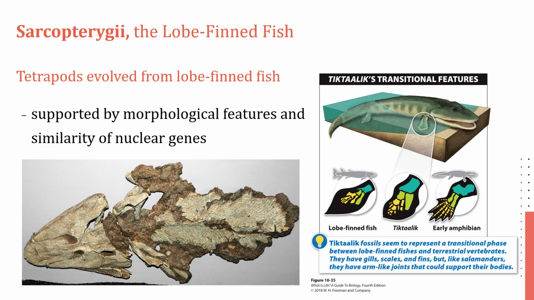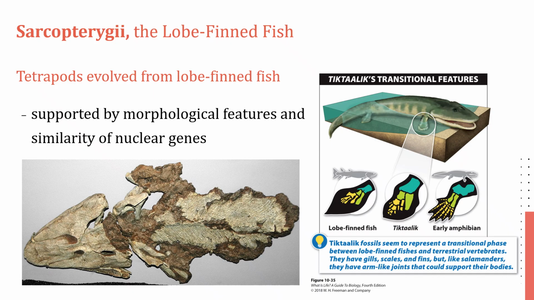We left off in our last video talking about the lobe-finned fishes and how they differ from the ray-finned fishes. We're going to continue with lobe-finned fish because lobe-finned fish are going to give us the tetrapod lineage. In other words, our tetrapods evolved from a specific type of lobe-finned fish.